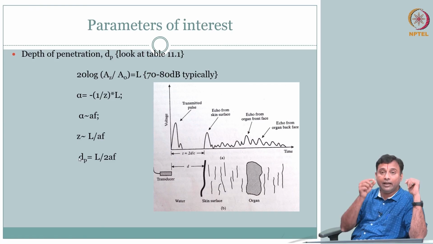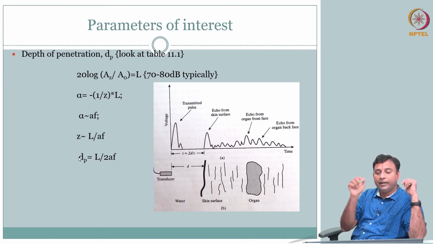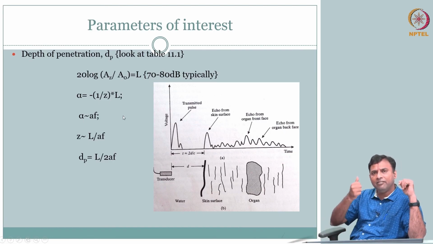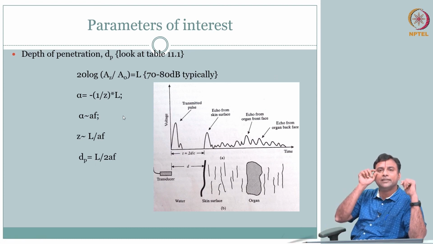So like I said, for the eye, you are looking at a very small depth, 1 centimeter kind of depth, or even less. So that is very small, and therefore I can gain, right, if you believe the instrumentation is 80 dB tolerant, then I could actually have very high frequency, 20 megahertz, 30 megahertz, 50 megahertz I can have.